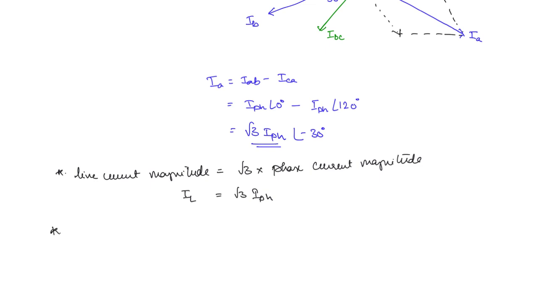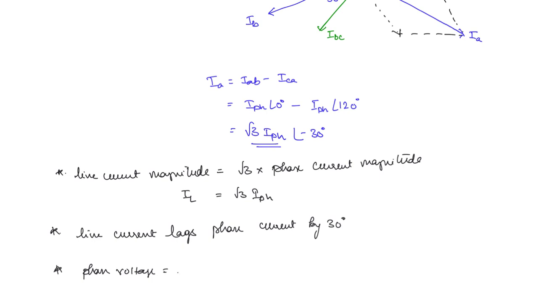Then what about the phase relationship? The line current will lag the phase current by 30 degrees. So this is the current relationship. What about the voltage? We saw that the phase voltage is equal to the line voltage.